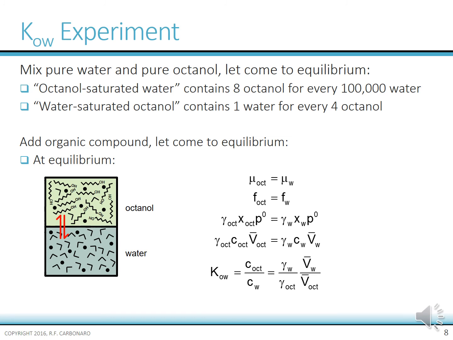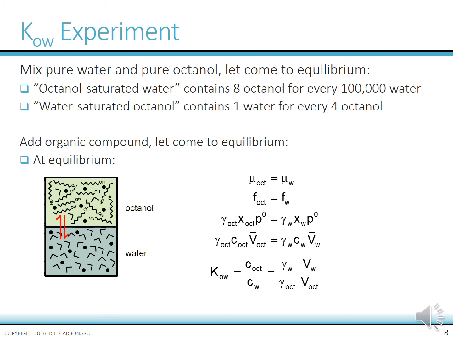So what we're going to do now is write out an equilibrium equation, which is basically the KOW, capital KOW, the equilibrium constant between the octanol and water phase. We're going to say that that's equal to the concentration in the octanol phase divided by the concentration in water.